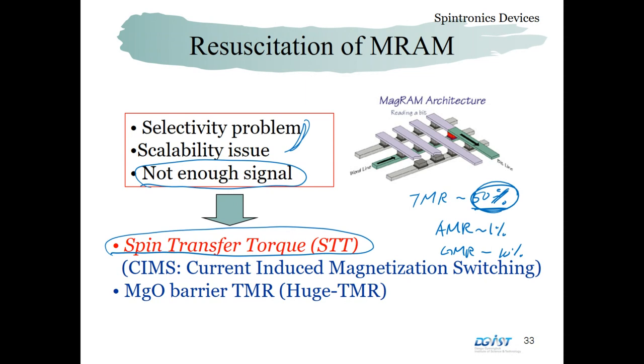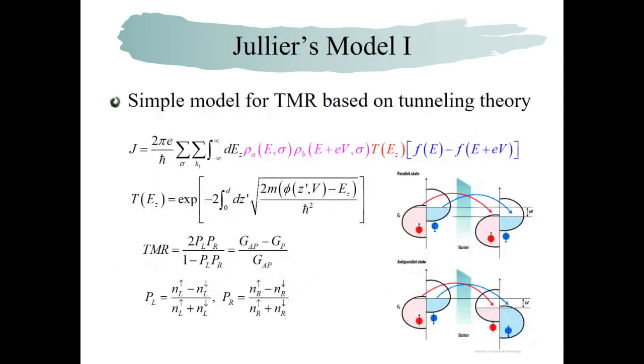Okay, so let's go back to the TMR again. I just explained briefly about the density of state contribution in this simple band model. And let's recall the tunneling theory. In a tunneling barrier, we have a tunneling current in this form.